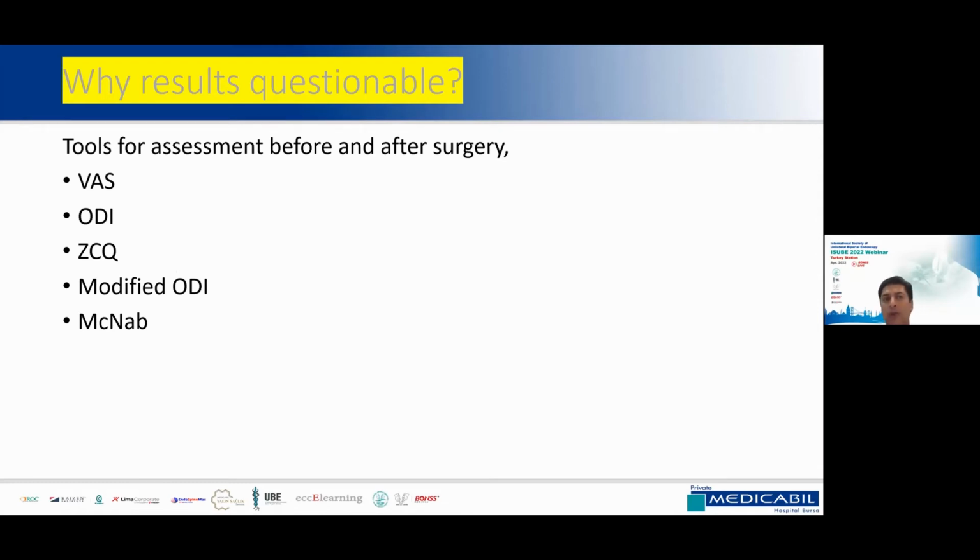We are using the visual analog score, ODI, the claudication questionnaire, and other scores, but they use almost the same assessment tools for lower extremity pathologies.